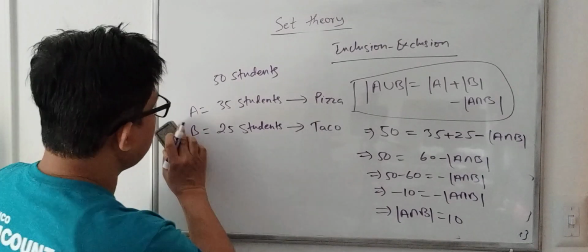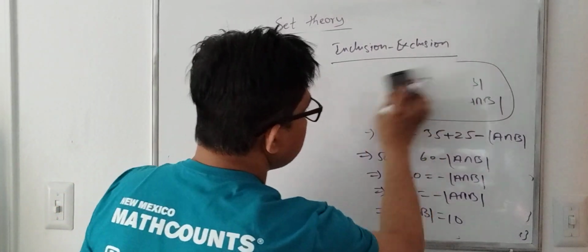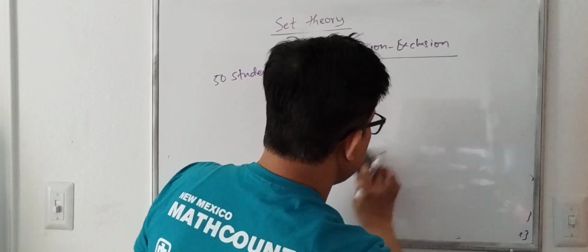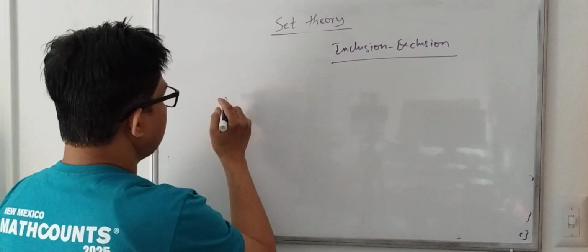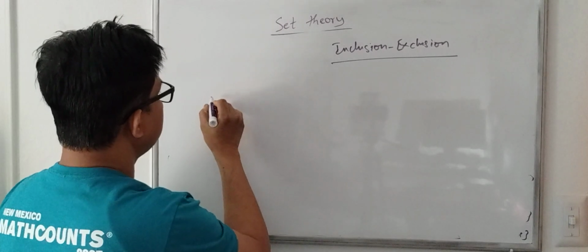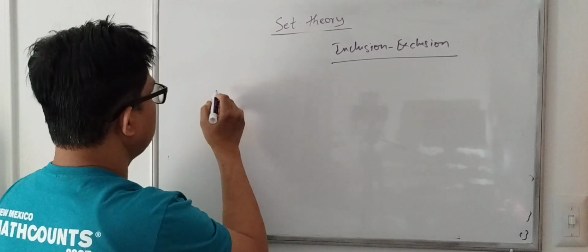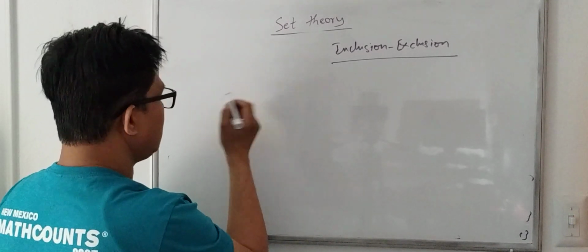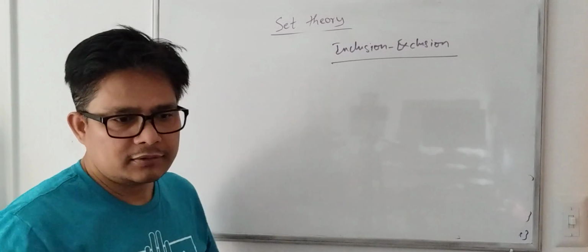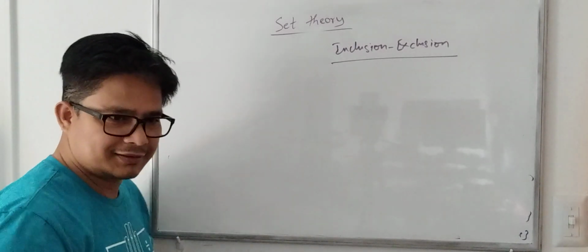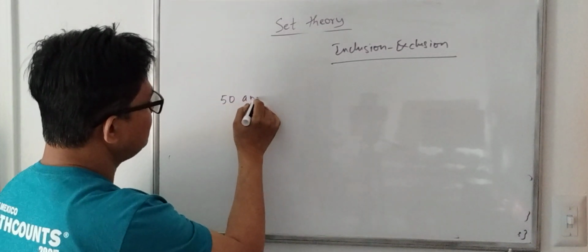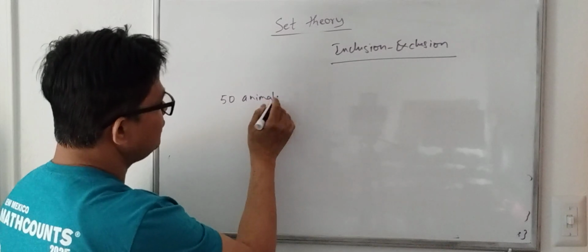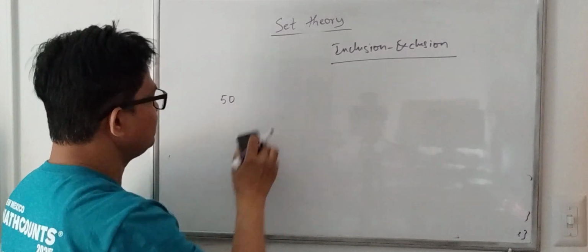Okay, before ending, let's try another example. This time, let's go to the jungle. We have 50 animals. Let's call them lions. 50 lions.